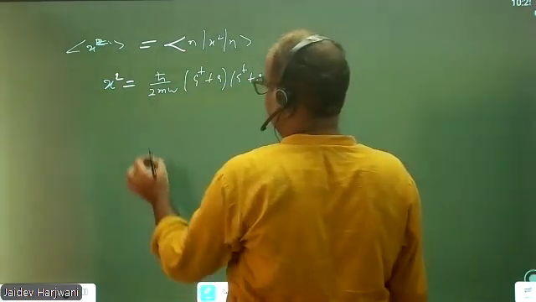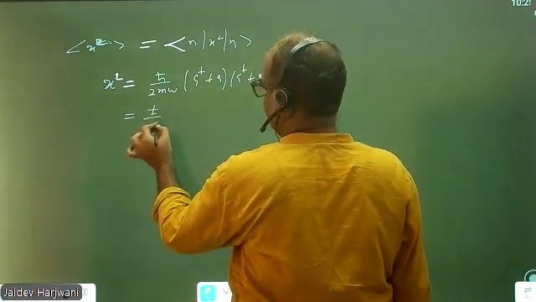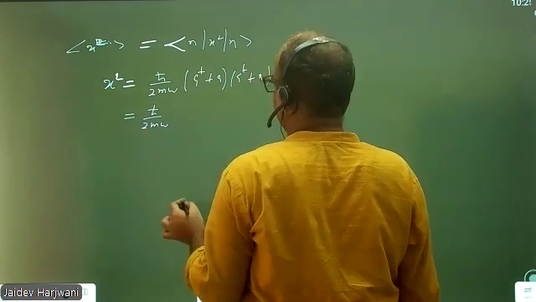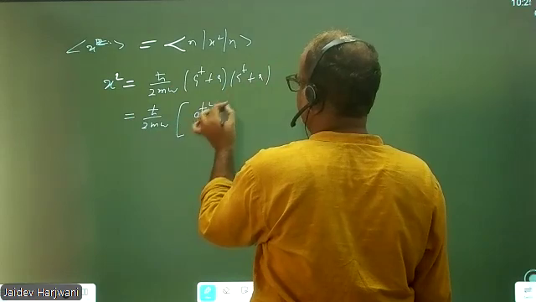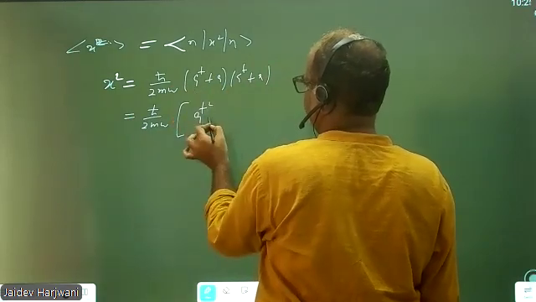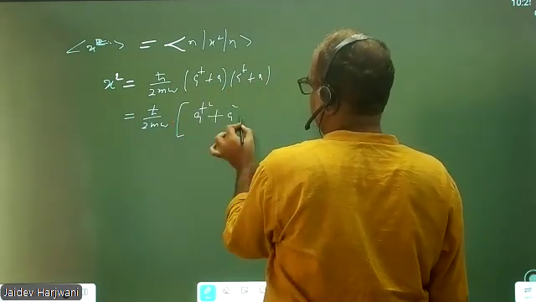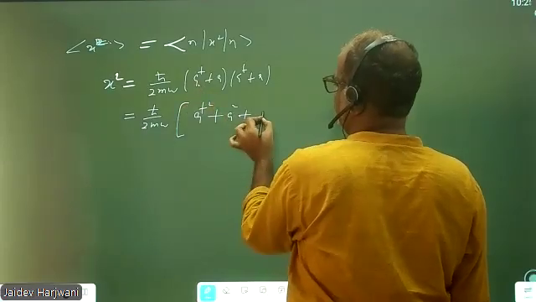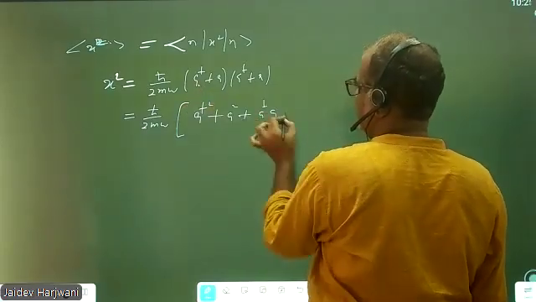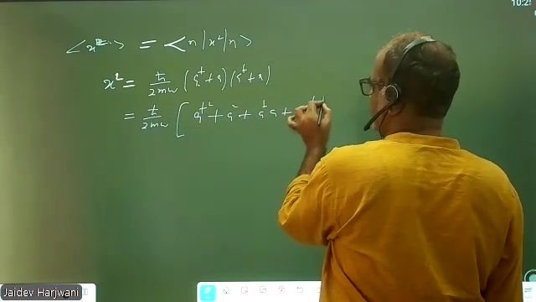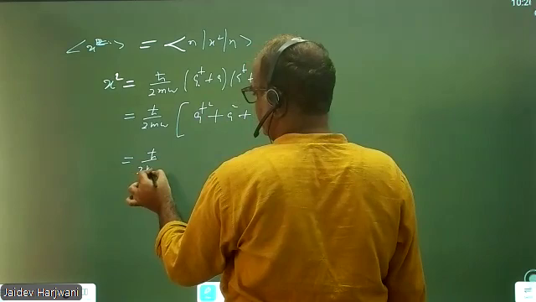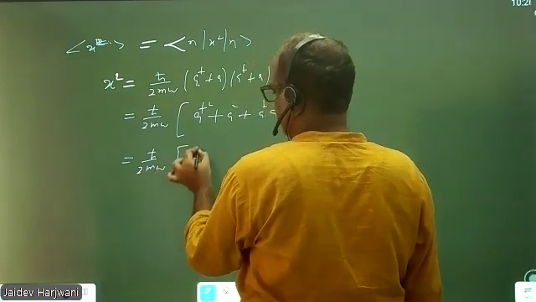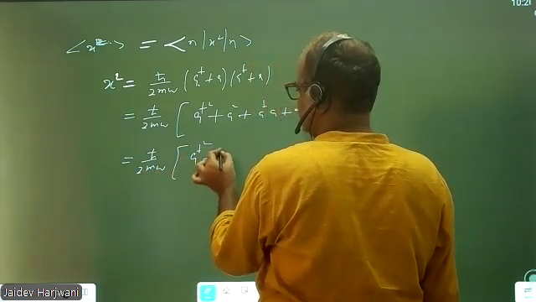So now I can write this as h cut upon 2 m omega. If I multiply this out, this will give me a square and a dagger square, and then you get a dagger a and a a dagger. So this is h cut upon 2 m omega times a square plus a dagger square.